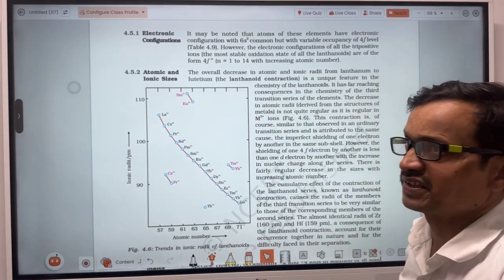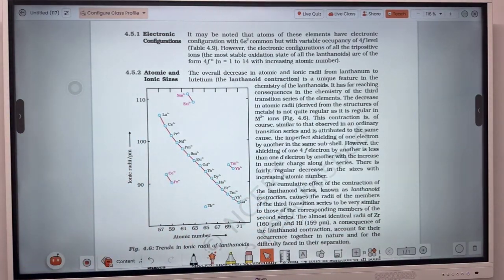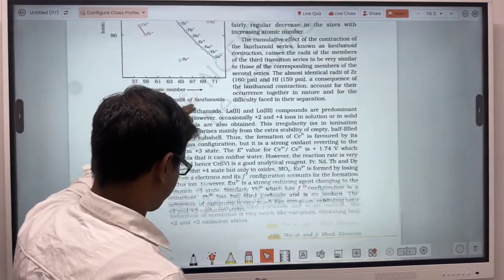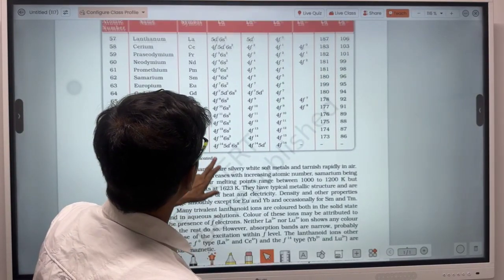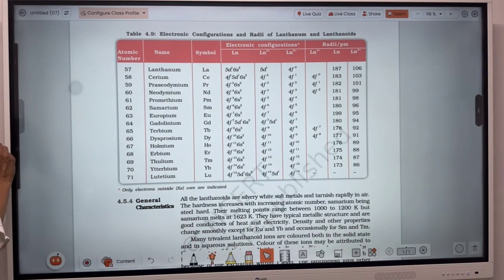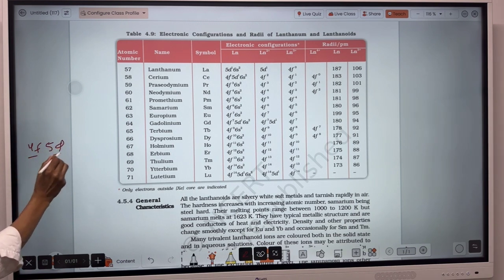Now let's see the electronic configuration and periodic properties. What will be their periodic properties? First one is electronic configuration. The electronic configuration of lanthanoids is complicated. There is no regularity in it because the 4f and 5d have similar energy.